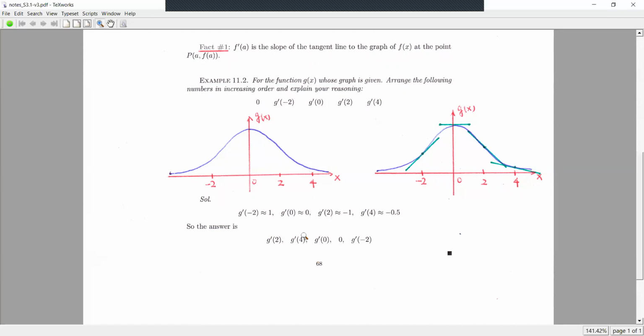And the third smallest number is the derivative at 0. And then 0, this number, put this number here. The largest number is the derivative at -2. It is about 1. So this is the answer to this example.